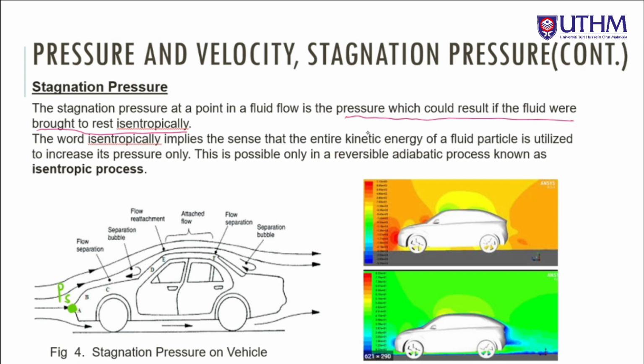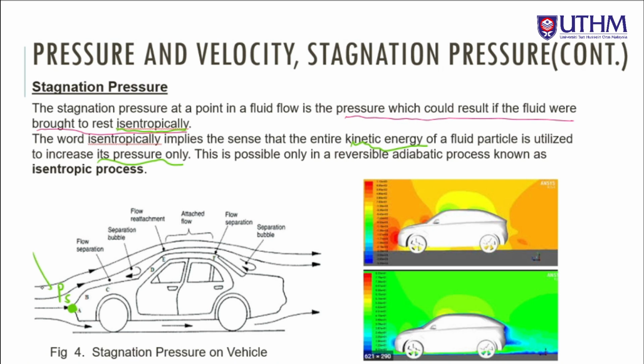Okay, in which the flow of the fluid is brought to rest, and it says here isentropically. The word isentropically implies that the entire kinetic energy of a fluid particle is utilized to increase its pressure only.